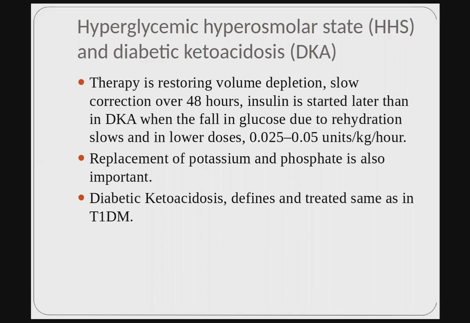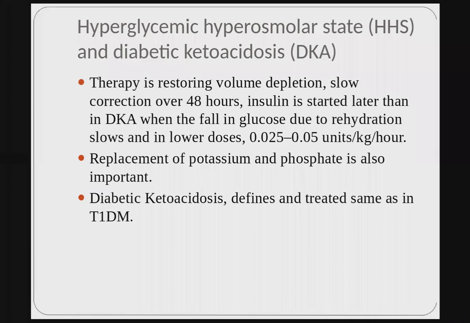So both HHS and DKA occur in youth with type 2 diabetes mellitus. 5 to 25% of those with new onset type 2 diabetes mellitus present in ketoacidosis, while DKA in type 2 diabetes mellitus is defined and treated as in type 1 diabetes mellitus.